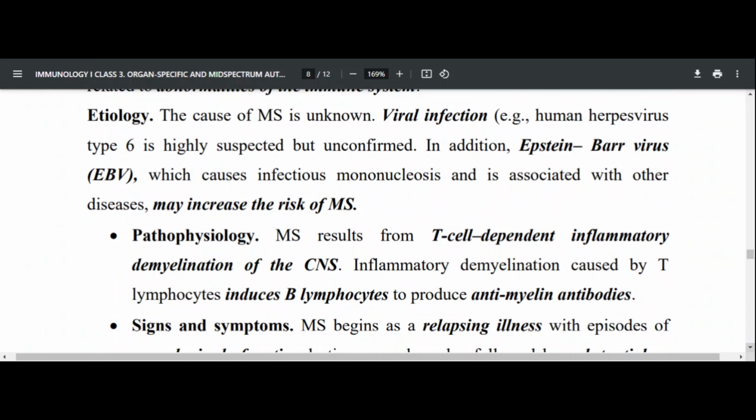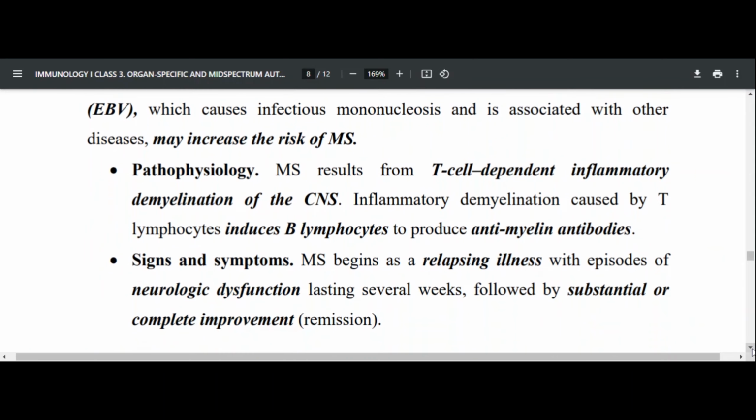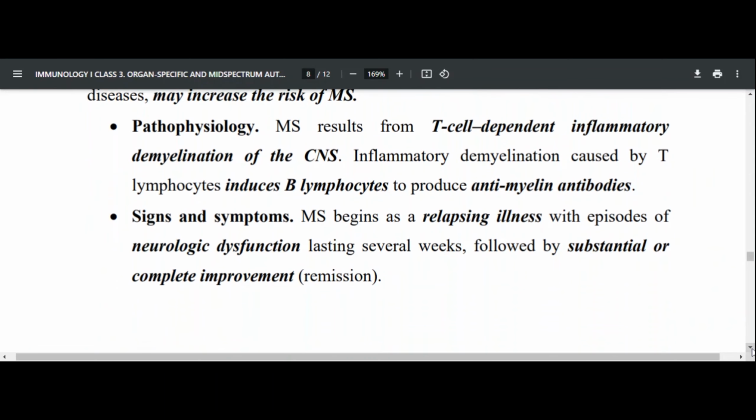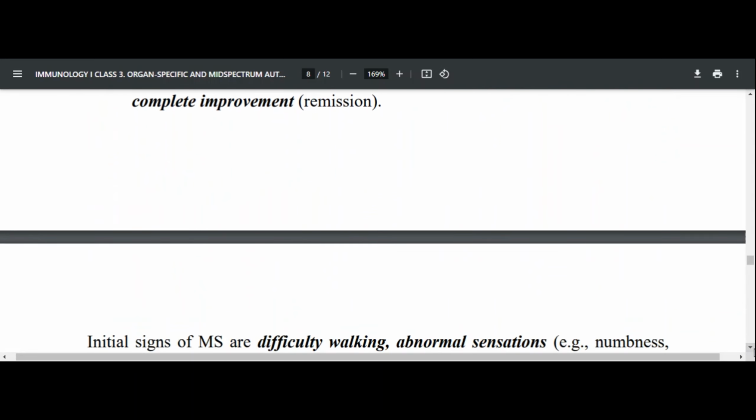The symptoms include a relapsing illness with episodes of neurologic dysfunction, which last for many weeks and are followed by substantial or complete improvement, which is called remission. But it is a relapsing illness, and it will reoccur again after improvement. That is how multiple sclerosis affects patients.